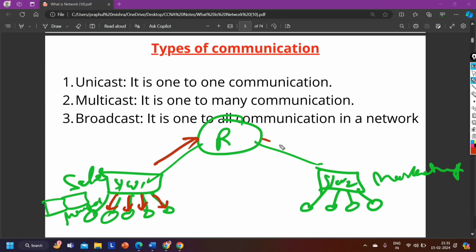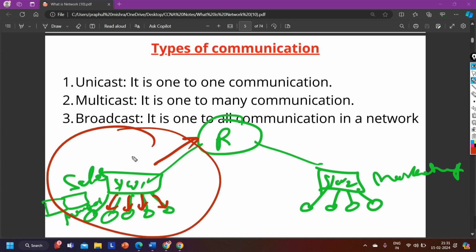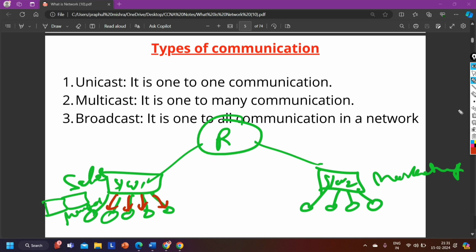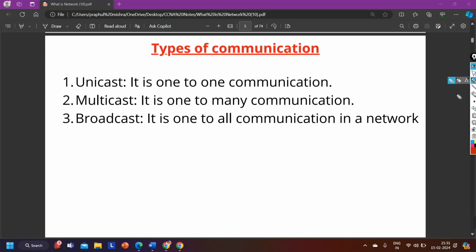The router is not going to forward that broadcast message to switch number 2. That means broadcast means one-to-all in a network only. Clear? Got it, guys?